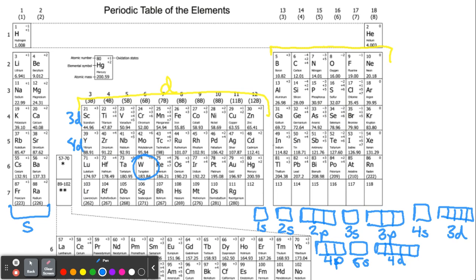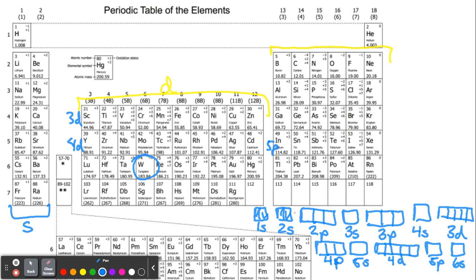After 4d, then we have 5p. And after 5p, we finish that period, we move on to 6s. So all of these would be completely filled. And I like this all the way through.